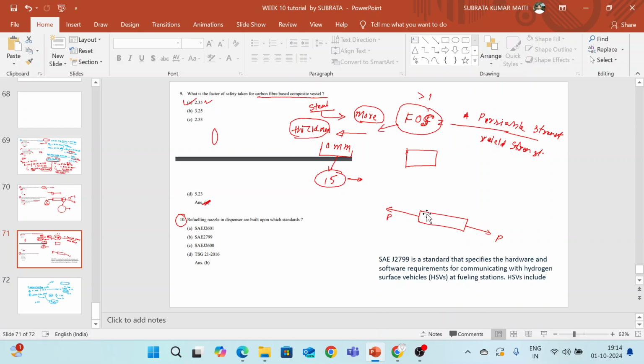Like carbon fiber has a lower factor of safety because the chance of failure is very, very low. That's why we do not have so much concern of factor of safety. Well, we have to take a little concern for the high strength material. I know it will not fail.